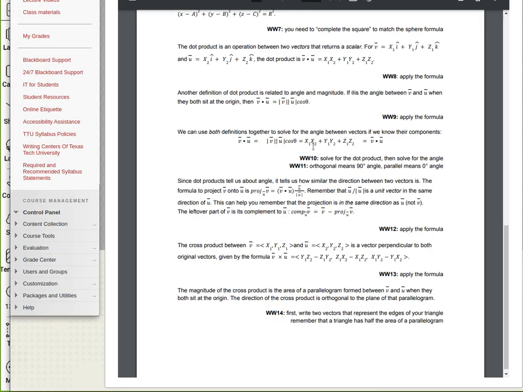So two things that are perpendicular have 0 dot product because the angle between them is 90 degrees.